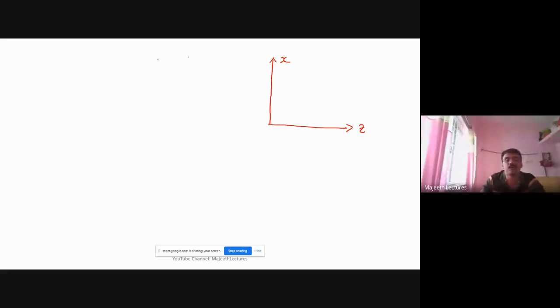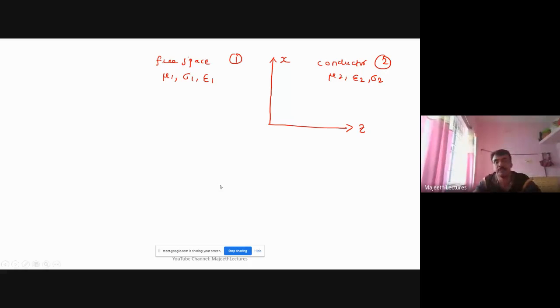This is free space, medium 1, and this is the conductor, medium 2. Medium 1 has constitutive parameters mu1, sigma 1, epsilon 1. Medium 2 has mu2, epsilon 2, sigma 2.